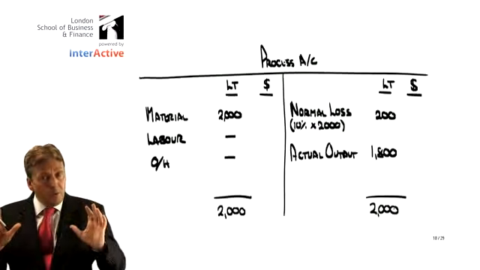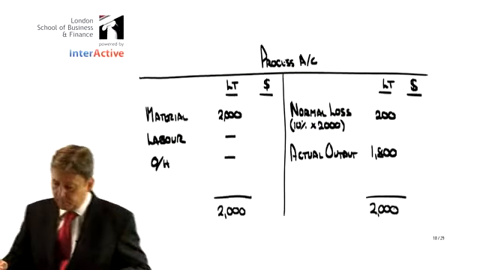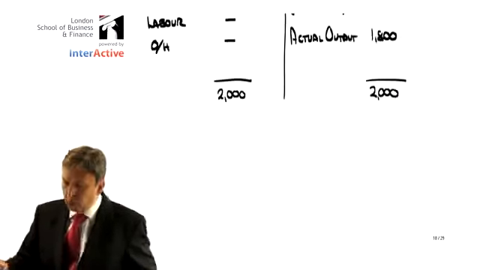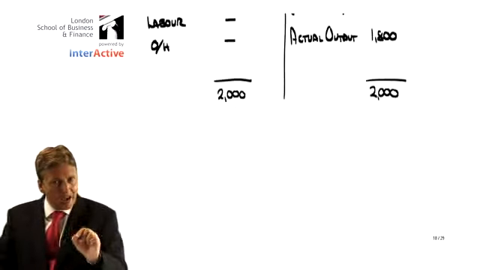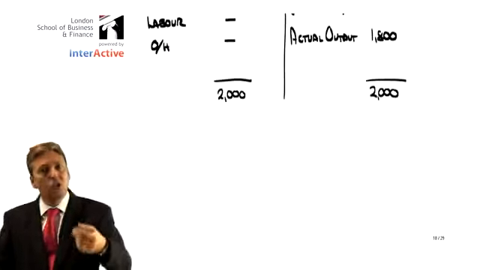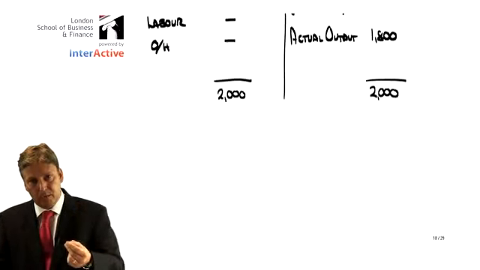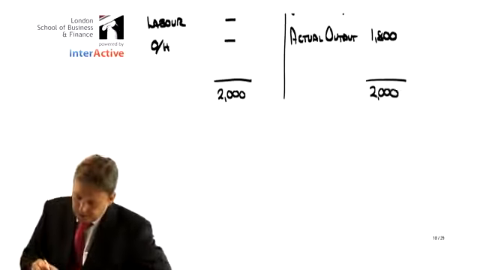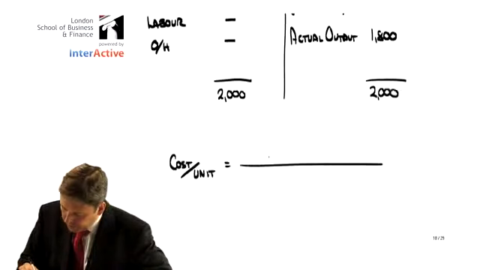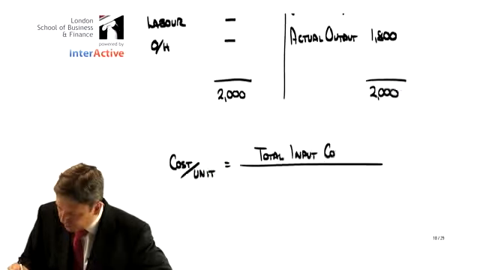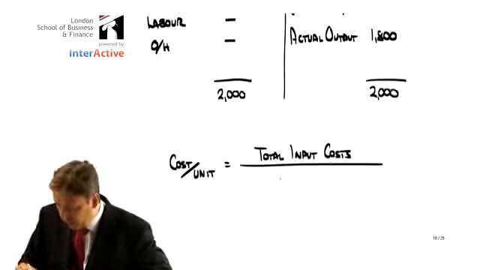Now, we've already established a rule here. Without thinking, we've already said that we wanted an average cost per unit, but we wanted an average cost in relation to the expected units of output. So if you think about it, couldn't we say that our cost per unit is going to be the total input costs divided through by the normal output?